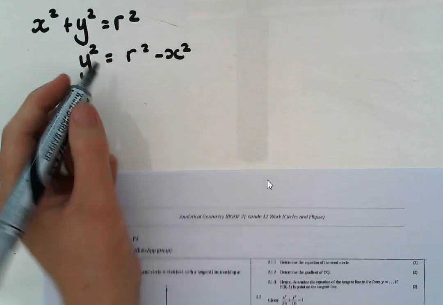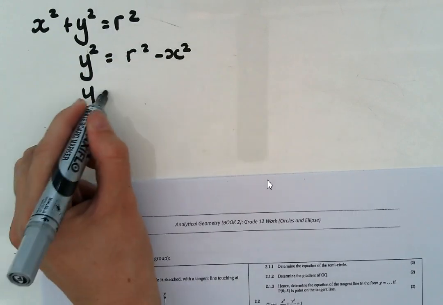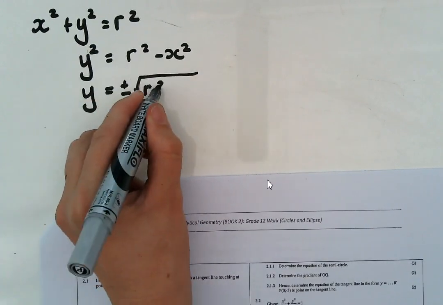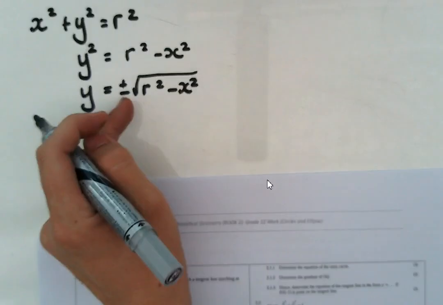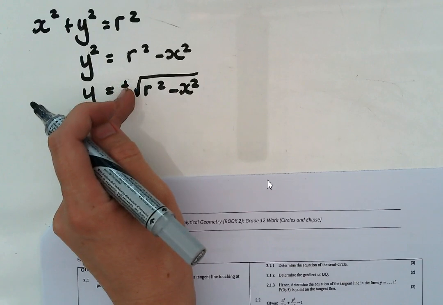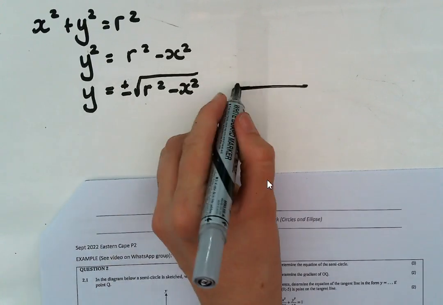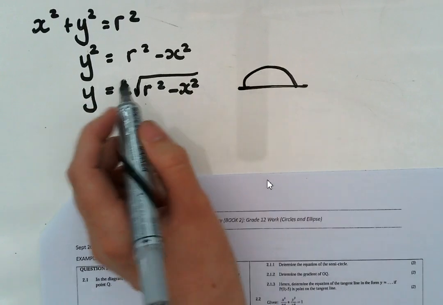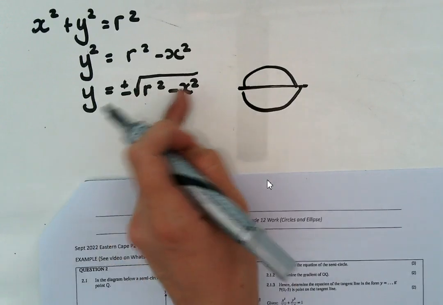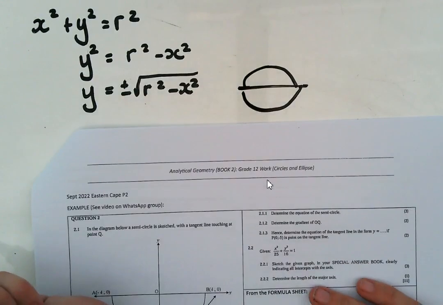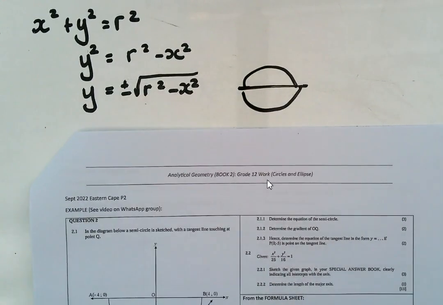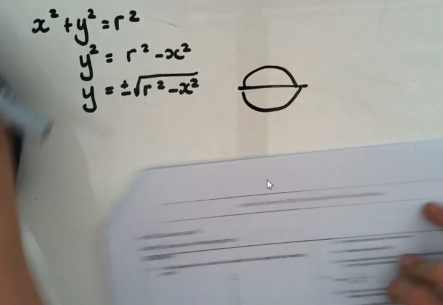Then I take the square root with a positive or a negative to get the equation like this. With the positive negative there, it's a full circle, and with just a positive, it's a half circle. The top half on the positive y side would be the plus, and the bottom half circle is the minus root of this. So they threw us a curveball with the half circle, but if you remember from last year, that is what we do with that.